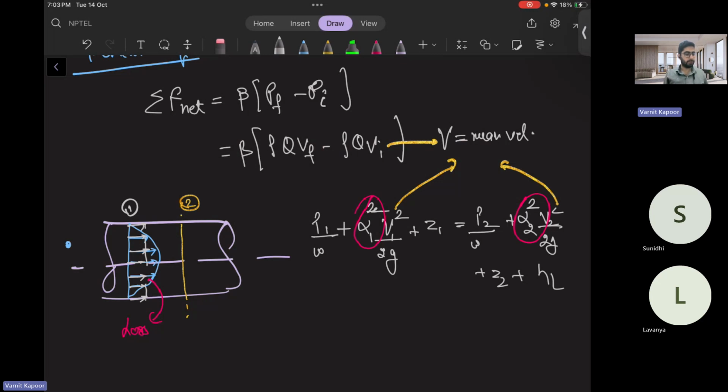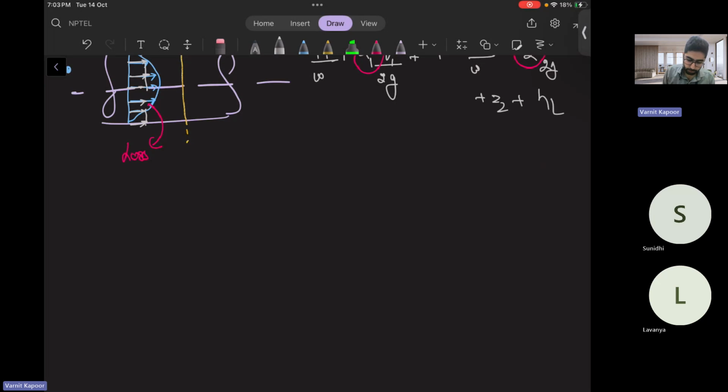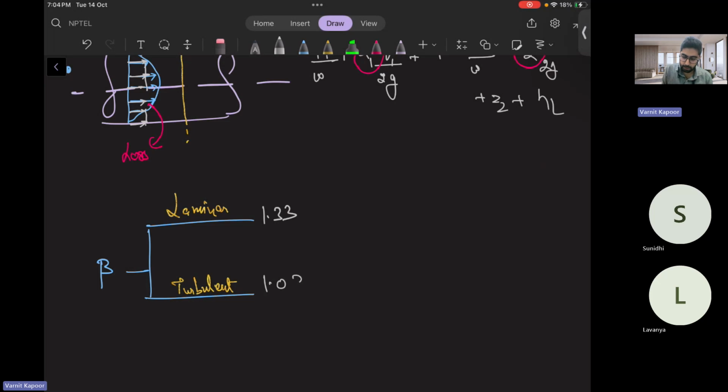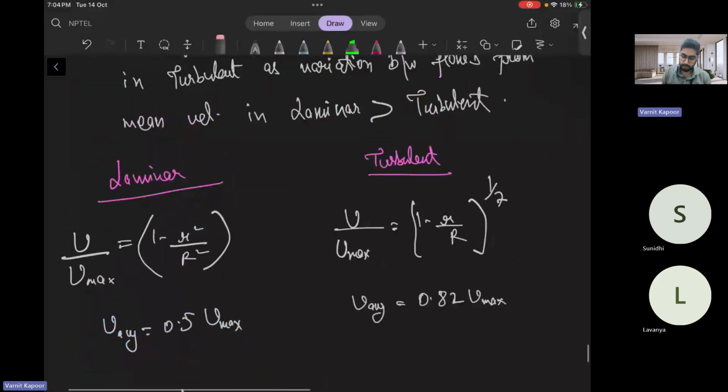Okay, any doubts? So let me write the values of beta and alpha also. My beta value for a laminar case and a turbulent case is 1.33 for laminar and 1.03 for turbulent. That means your U by Umax relation is, I have already derived, no need. The turbulent relation here.